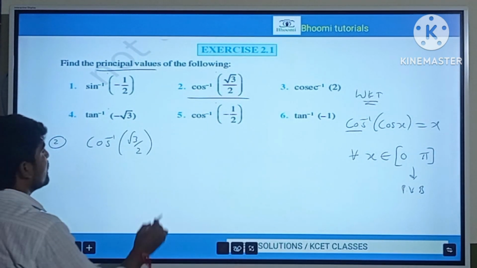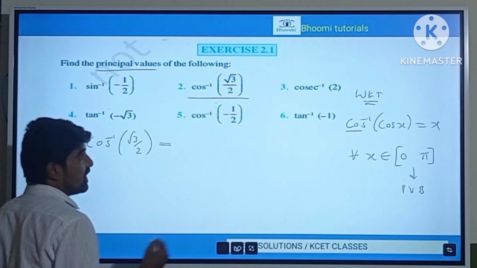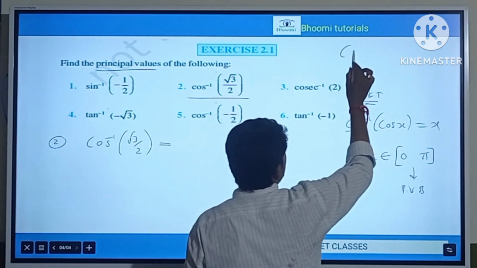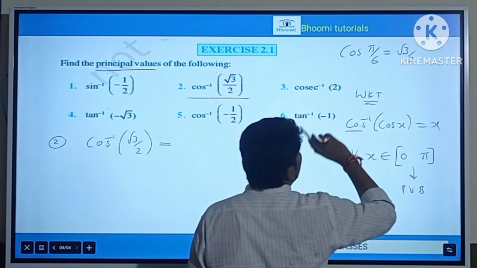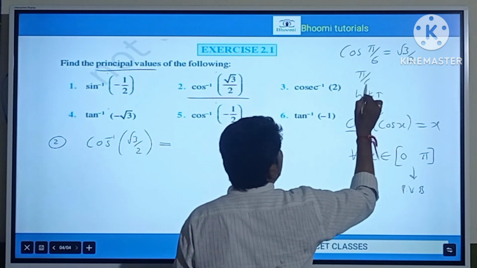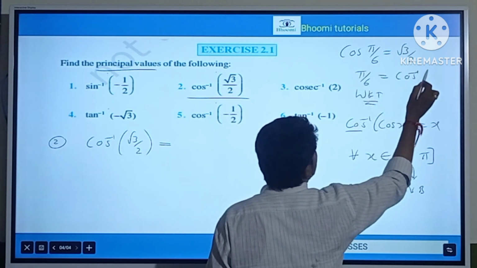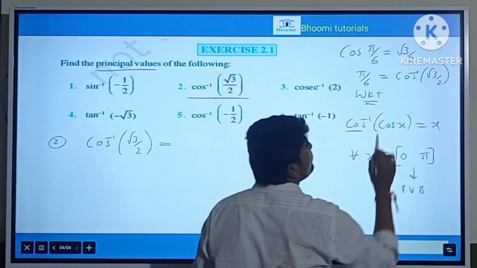As you know, the value of cos pi by 6 is equal to root 3 by 2, so pi by 6 is equal to cos inverse of root 3 by 2.